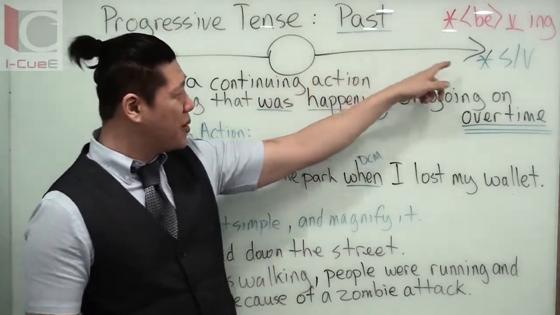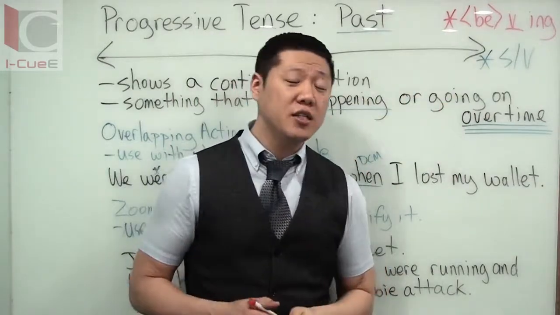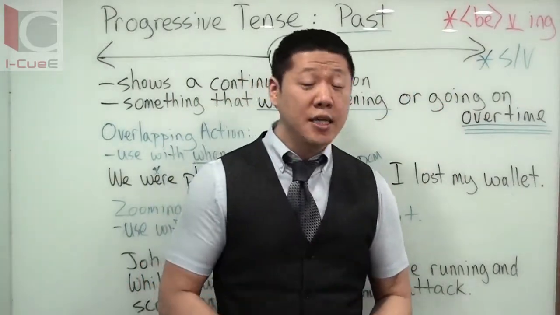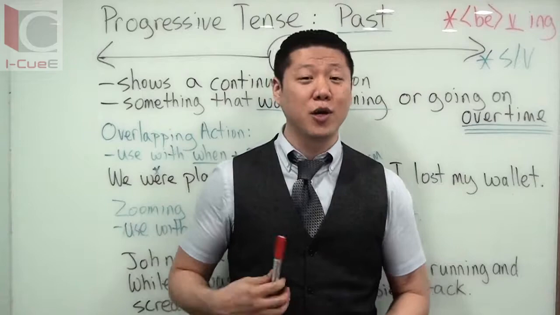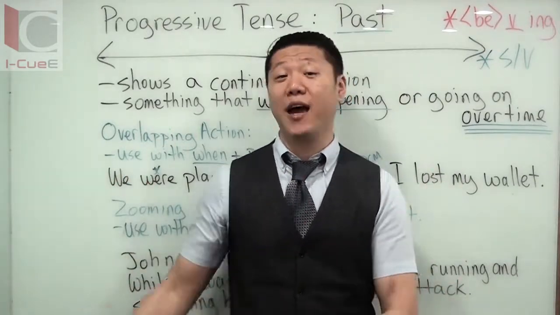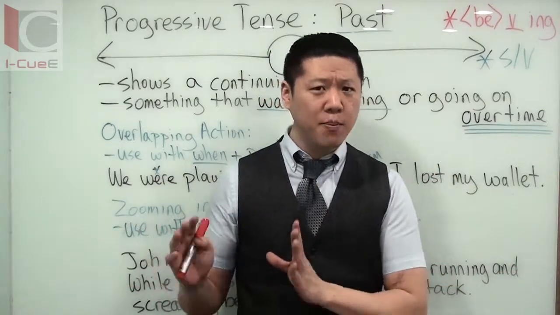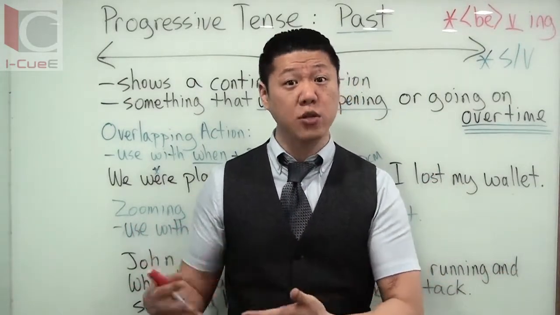Also, subject-verb agreement is important when we're talking about this because every time you have the be verb, you need to have subject-verb agreement. Simply, what is subject-verb agreement? If you have a singular noun, you need to have a singular verb. If you have a plural noun, you need to have a plural verb. We're not talking pronouns, we're talking more like proper nouns here.